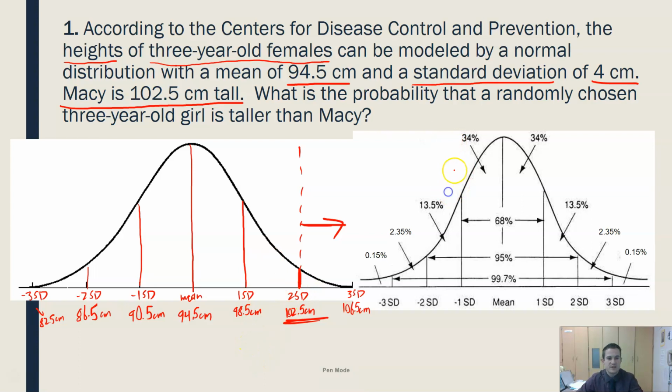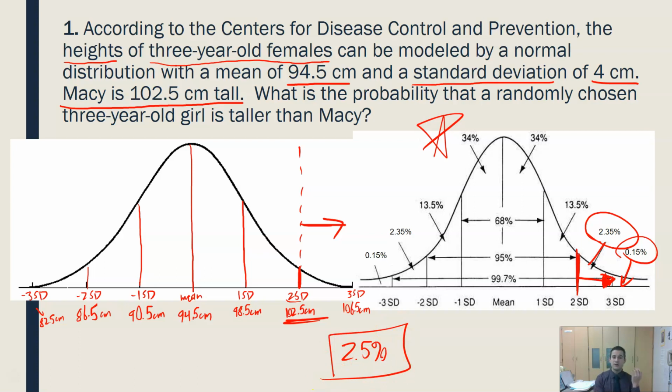Well, if I go over to my normal curve with the empirical rule, here's my 2 standard deviations. See that? The probability of selecting some value bigger than that would be, the percentage here is 2.35% and the percentage here is 0.15%. So the probability of selecting a 3-year-old girl taller than 102.5 centimeters is going to be 2.35% plus 0.15%, which on my calculator is 2.5%.